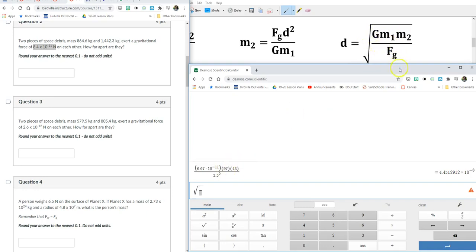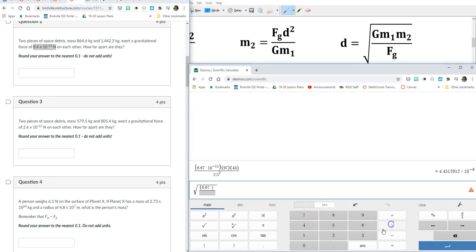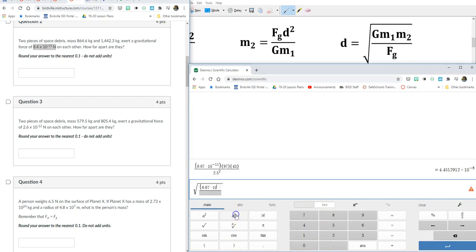And then I'm going to plug in all my numbers just like I did before. So open parentheses, 6.67 times 10, this A to the B will let me put in my negative 11, and then click to close the parentheses so that you're not just putting parentheses around the 11.